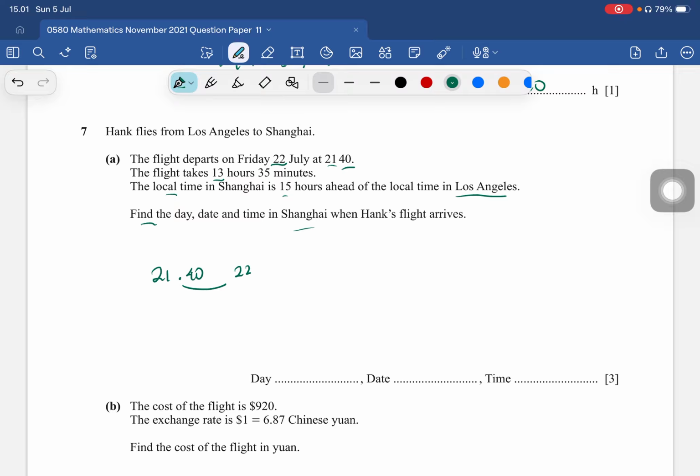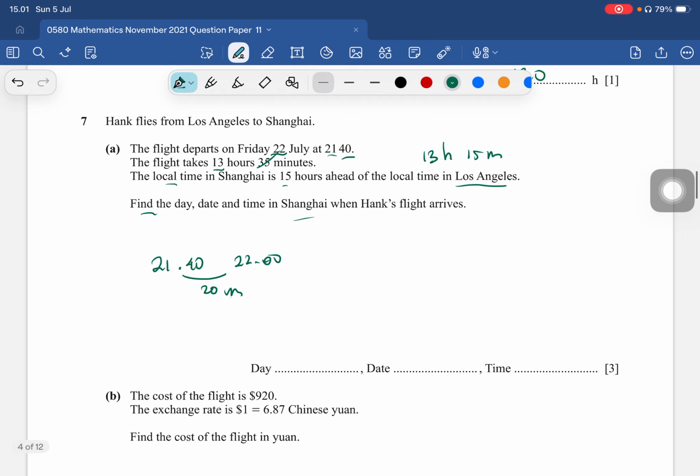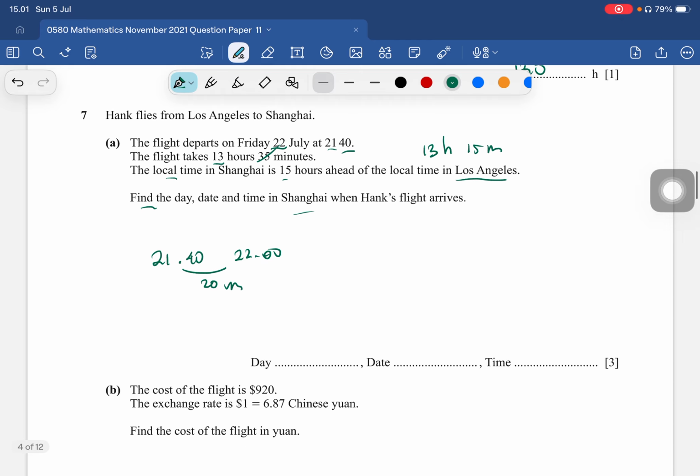We need 20 minutes to reach 22:00, so take it out from the flight time. So we've got 13 hours and 15 minutes, because 35 minus 20 is 15 minutes. Next, the maximum for a day is until 24 o'clock or 00.